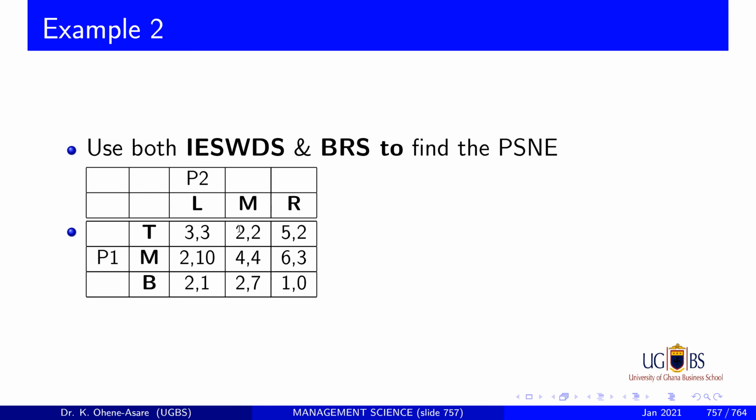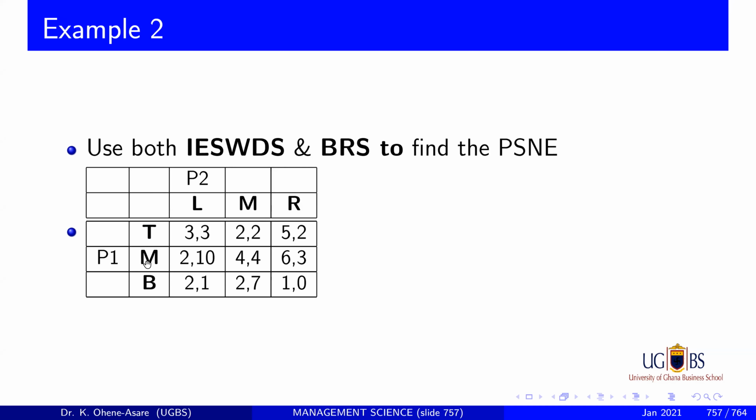I'll compare 2 and 4, and I'll see that M is better. So strict elimination or weak elimination breaks down. It means that strategies T and M, none of them is strictly or weakly dominated by the other, simply because there was a swap in the second one.